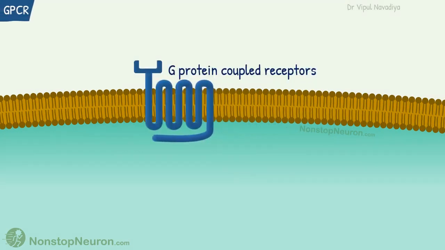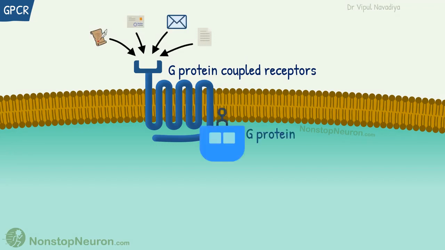Next, G-protein coupled receptors. They are the largest family of cell surface receptors. They mediate response to a wide range of signaling molecules. On the cytoplasmic side, they associate with G proteins. G proteins are named so because they bind with GTP or GDP.